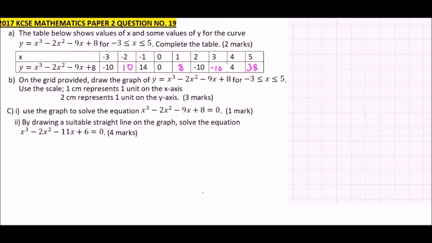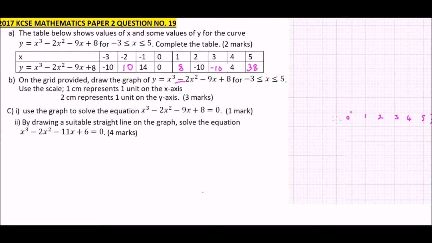The second part of the question, part B, you are supposed to draw the graph of this function. We are provided with a grid here. This is the starting point, that is 0. Here we have 1, 2, 3, 4, 5, that is our x-axis.